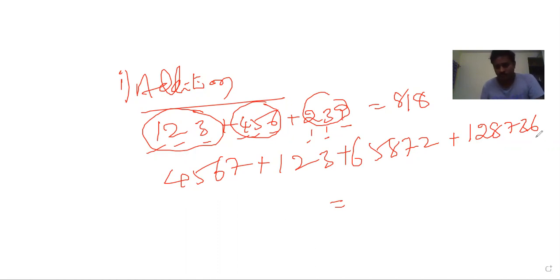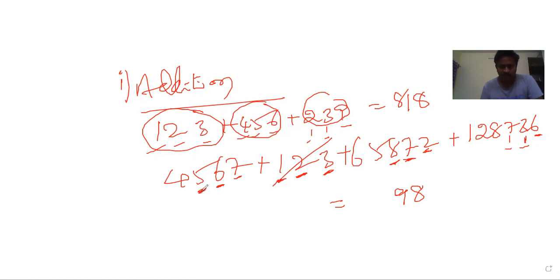First we add the last digits: 6 plus 2, 8, 8 plus 3, 11, 11 plus 7, 18, 8 carry 1. 3 plus 1, 4, 4 plus 7, 11, 11 plus 2, 13, 13 plus 6, 19. 7 plus 1, 8, 8 plus 8, 16, 16 plus 1, 17. This one completed, mark this.